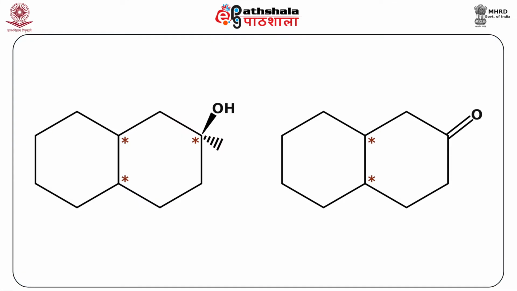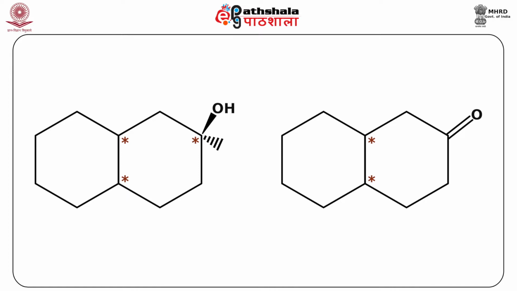The substituent not only generates the chiral center at the point of substitution, but also makes the bridgehead carbons chiral by disrupting the symmetry in decalin. Hence, decalols will have 3 chiral centers, that is 1 at the point of substitution and 2 at the bridgehead carbons. On the other hand, decalones will have 2 chiral centers at the 2 bridgeheads.